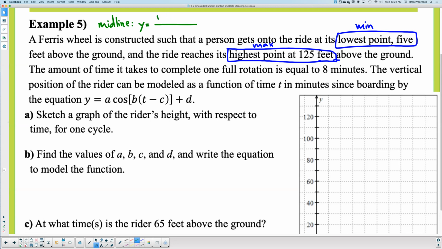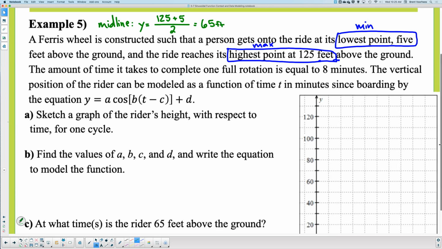For midline, it's maximum plus the minimum divided by 2. 130 divided by 2 is 65. And this is technically in feet. The midline would be 65 feet.